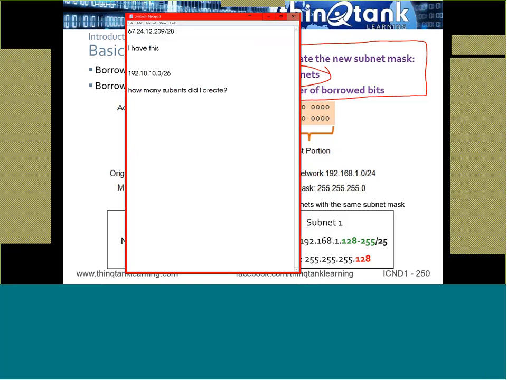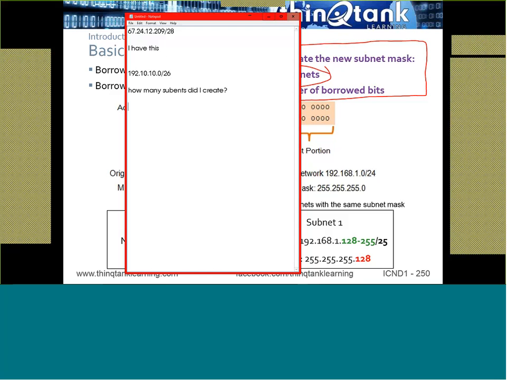Well, in order to know how many subnets you created, you need to know what you started with. Because in order to calculate the bits you borrowed, you needed to know how many bits you had in the beginning. I didn't tell you how many bits you had in the beginning on this one. I just gave you an address and a mask.